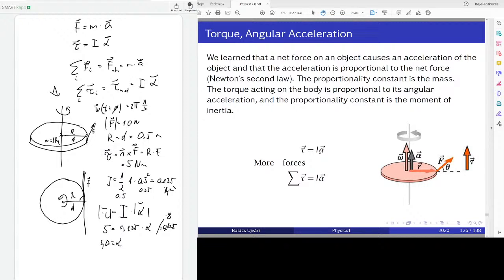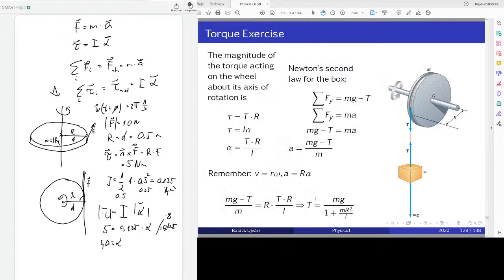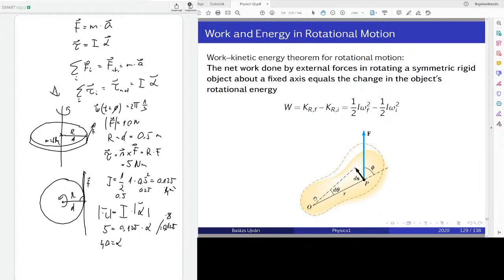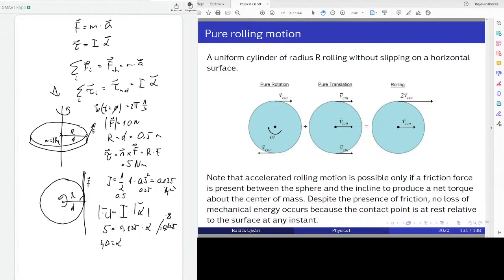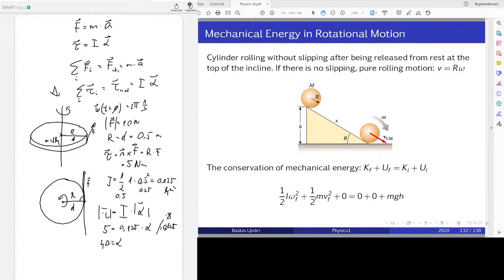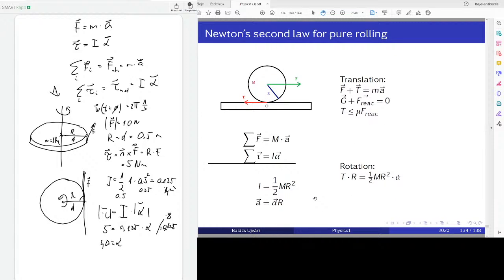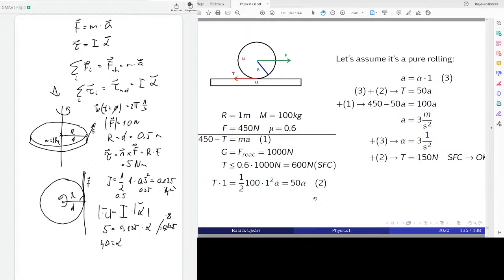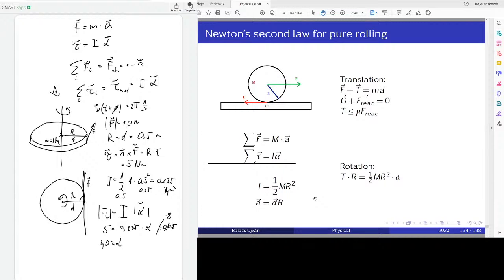Alright, we will solve more examples on seminars. By the end of this semester, we will solve some example for pure rolling motion. For that, you have to remember how to calculate with the friction, and we will solve these kinds of examples.